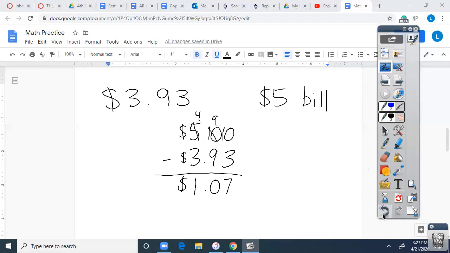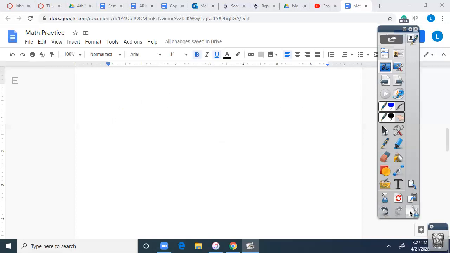Okay, the next thing that we're going to talk about today, we are going to talk about rate problems. Okay, so if our friend Susie can drive 60 miles per hour in her car, how far can she drive in 5 hours? So she can go 60 miles per hour.